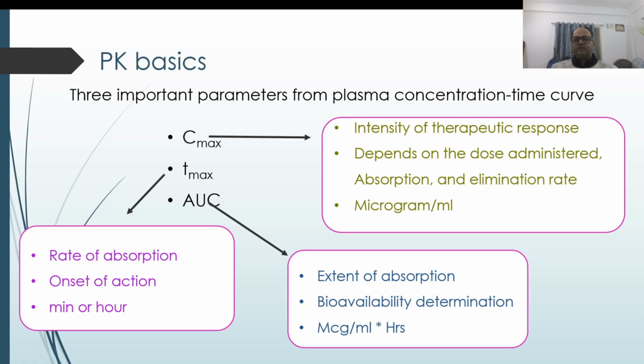It is expressed in microgram per ml. Then Tmax depends upon the rate of absorption and decides the onset of action, and it is expressed in minutes or hours. Then area under curve determines the extent of absorption. It is useful in the calculation of bioavailability determination, and its unit is microgram per ml into hours.